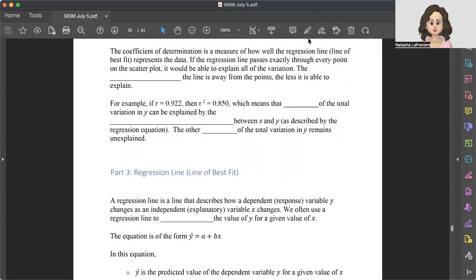But if you have a weak correlation, your line's not going to hit as many points, and so your prediction's not going to be super great or super accurate. You're going to have to guess a lot. And that's where you might have different answers than I do. And that's okay, because it's really just kind of a guesstimate.